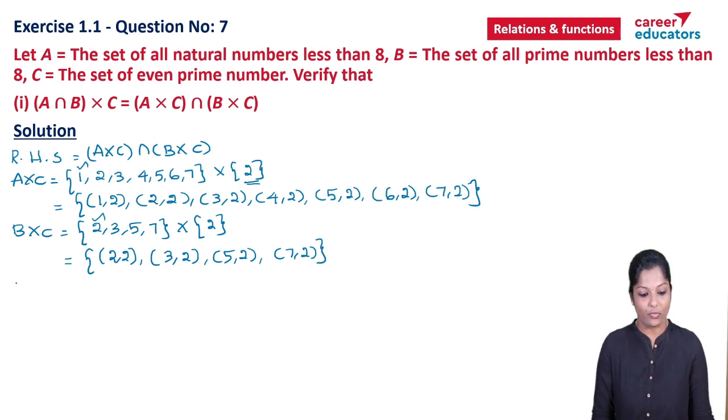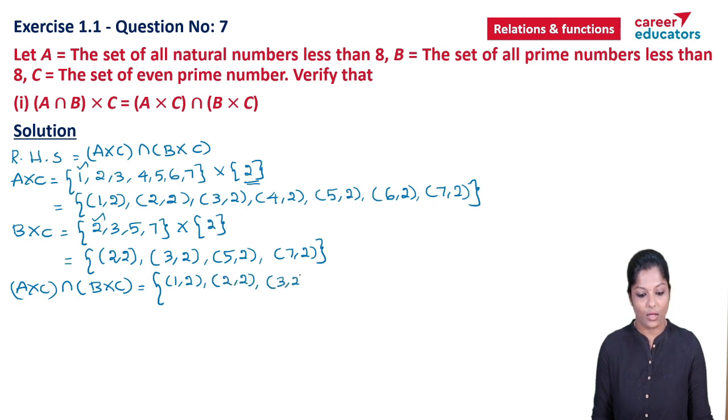Next, we have to find A cross C intersection B cross C. Write all the elements of A cross C: (1, 2), (2, 2), (3, 2), (4, 2), (5, 2), (6, 2), (7, 2). Intersection.